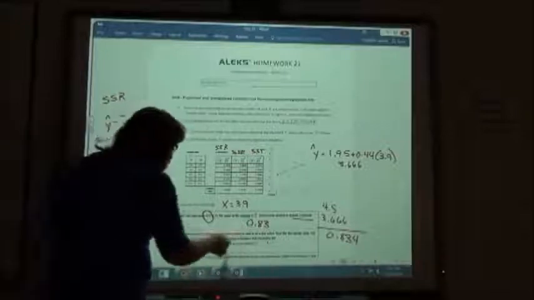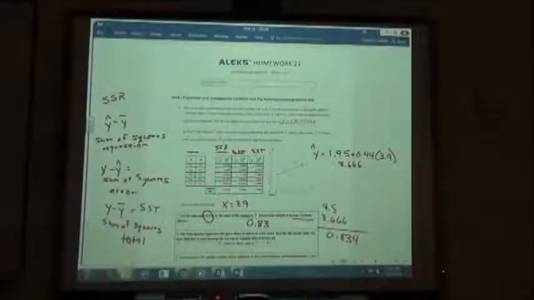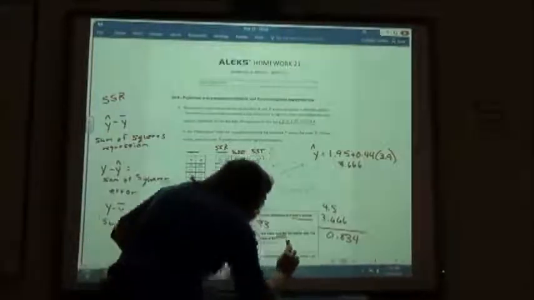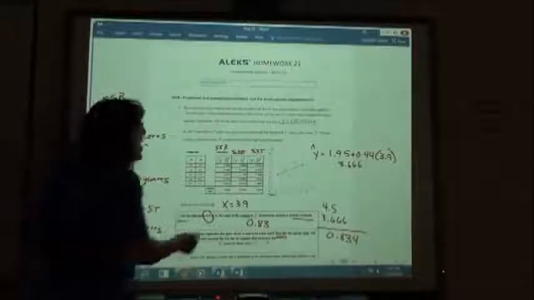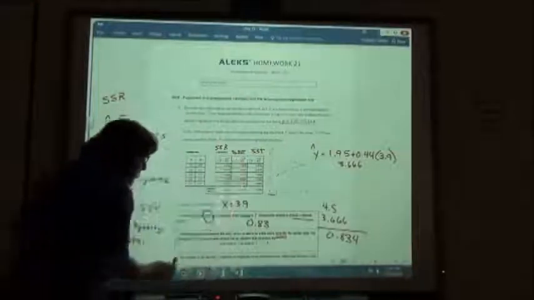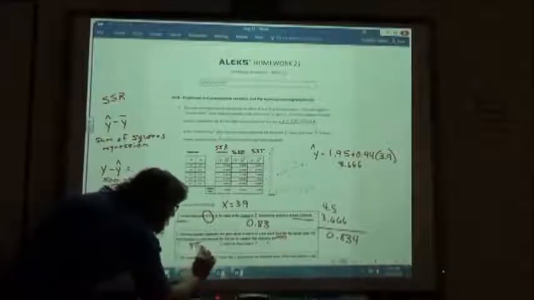Second part of this question says, the least squares regression line given above is said to be the line which best fits the sample data. Best fits the sample data. The term best fits is used because the line has an equation that minimizes, and the line of best fit should minimize the error. So I'm going to use SSE here.